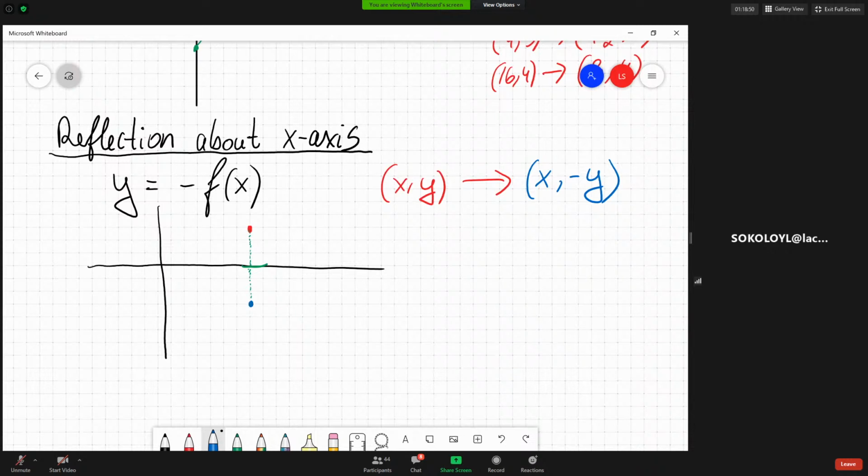So when we have reflection about x-axis, that means that the 2 points are symmetric about the x-axis, which is the line of the reflection here.